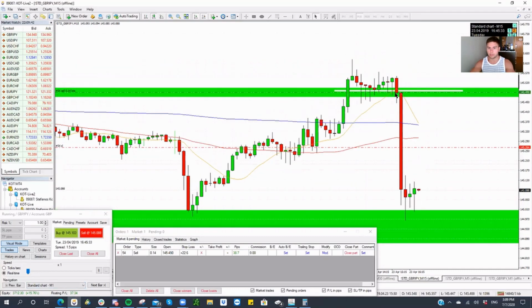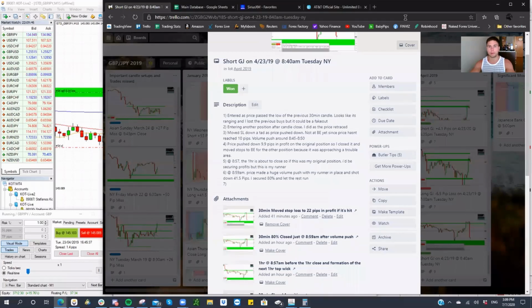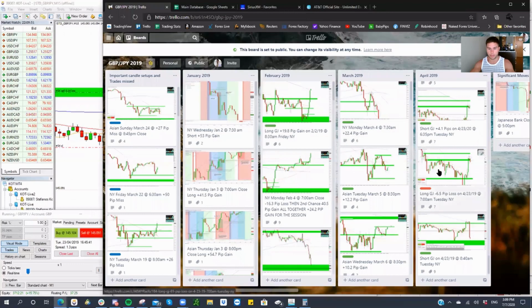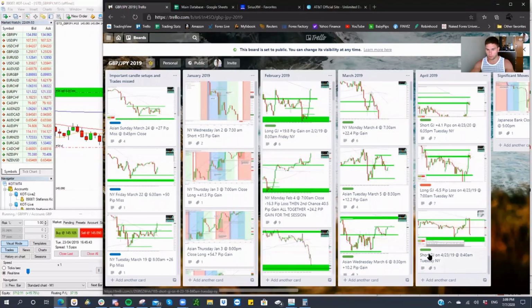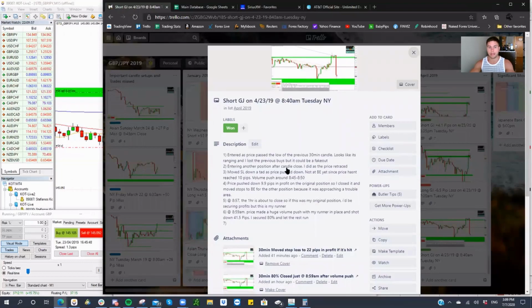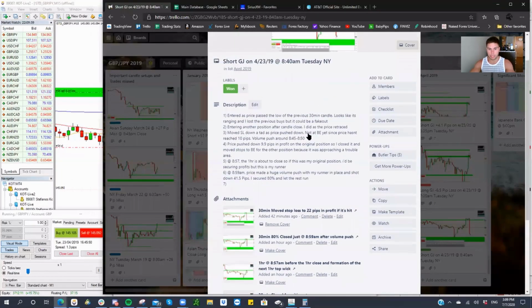I actually took sells over here, but I actually used Trello to journal my trades. If you take a look at right here, I journal all my trades through Trello, and I mark green if I won, red if I lost. Right here is the current trade that I am in. What I do is I write down my thoughts and everything that goes through that trade.